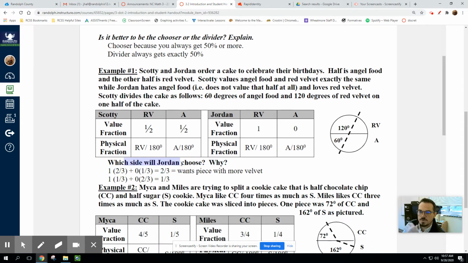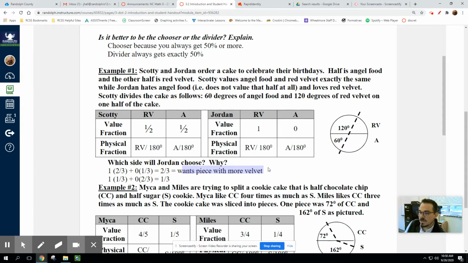Now, which side will Jordan choose? Because we know Scotty cut it, Jordan's the chooser. For the slice that was originally cut, he values it 100% times the 2/3 that he cut. You might be wondering, where's the 2/3? 120 divided by 180 reduces down to 2/3. Then 0% for the angel food cake times 1/3, so the total is 2/3.